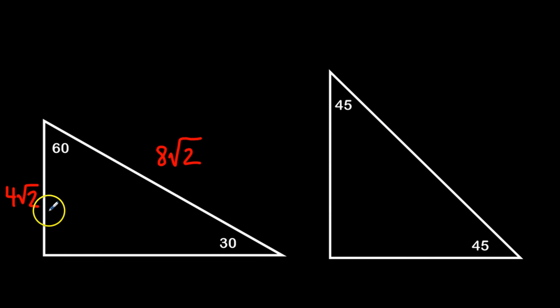Alright, so let's try this again. If I go from the short leg to the hypotenuse, I'm going to multiply by 2. Whatever it is, I multiply it by 2. If I go from the short leg to the long leg, I'm going to multiply that by square root of 3.